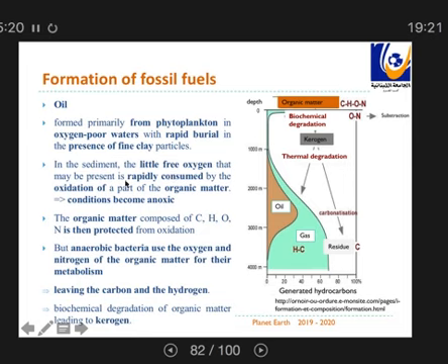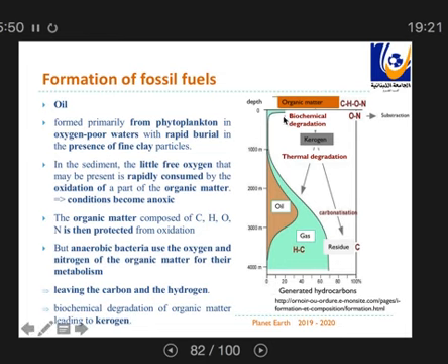Now, this oxygen is rapidly consumed by oxidation of a small part of the organic matter, and then we have anoxic conditions. Now, the organic matter composed of C, H, O and N is then protected from oxidation, as we said, by the clay, but you know also that there are some anaerobic bacteria that use oxygen and nitrogen for their metabolism.